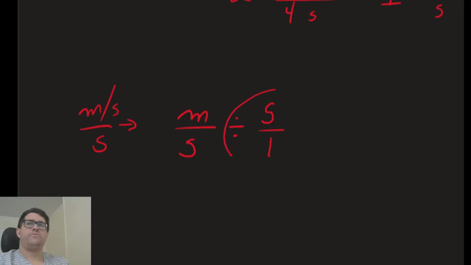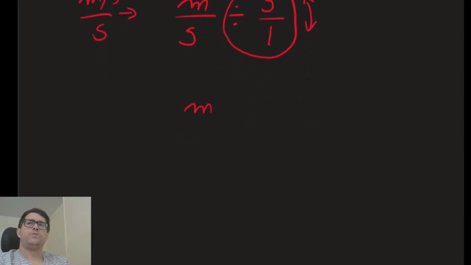And then when you divide by a fraction like this, you're allowed to multiply with the opposite. You get meter per second times 1 over second. And then what are you supposed to do with this? When you times two fractions, you multiply both tops and bottoms, right? Top, top, bottom, bottom. So 1 times m is m, and s times s is s squared. So these are the real units for acceleration.